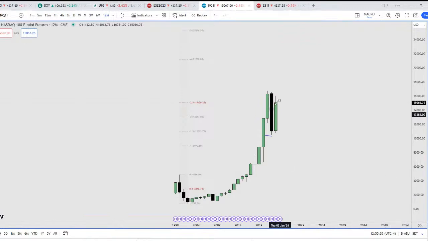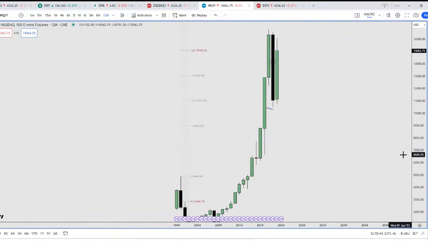Okay, so if we close the year like this, I think we're good to go for higher prices. But in any event that we close back within the BC here, it won't be looking too good for 2024. Okay, makes sense?